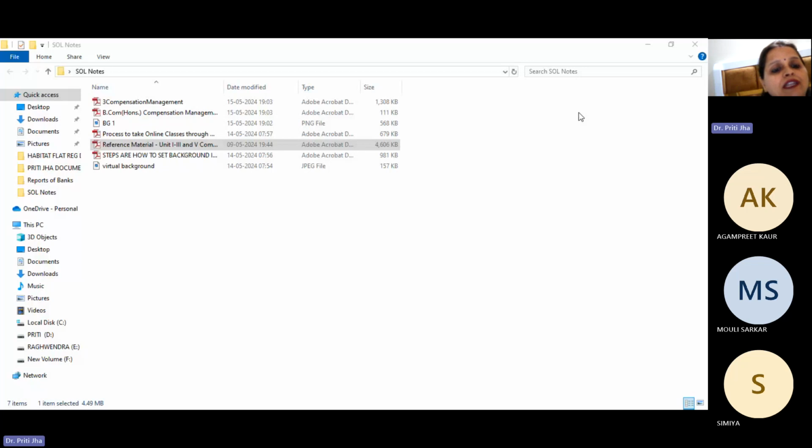Next step is communicating the standards. Whatever the standards has been set by organization is to be communicated to employees. Okay, the performance standards specified in the first step are communicated and explained to the employees so that they come to know what is expected of them. Next, measuring performance.